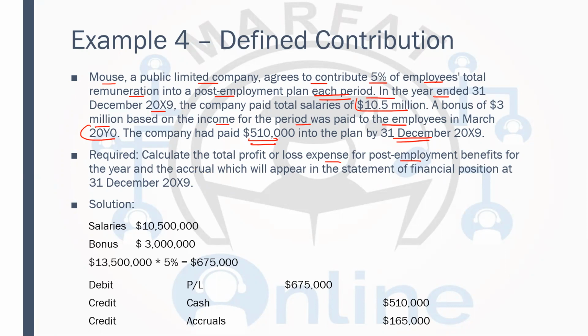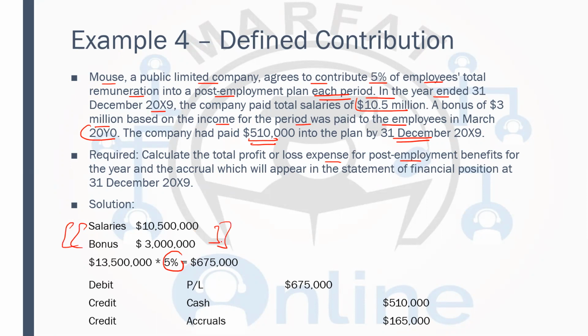Now we know the salaries are 10.5 million and the bonus is 3 million. So total it is 13.5 million. So 13.5 million into 5%, because we calculate the contribution based on their remuneration.